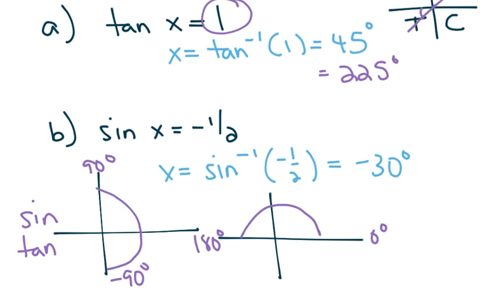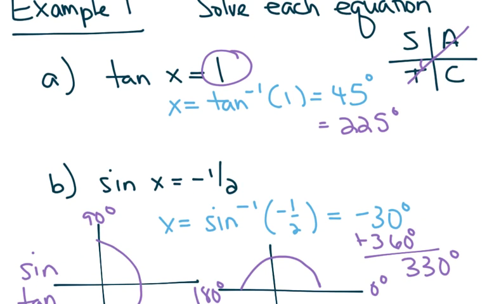So now that you know what the calculator is going to output, really this is just like a reference angle. So if it's in Quadrant 4, and I want to know its coterminal angle between 0 and 360, I can just add 360 to this and find out that it's the same as 330 degrees. But there's another quadrant where the sine values are negative.